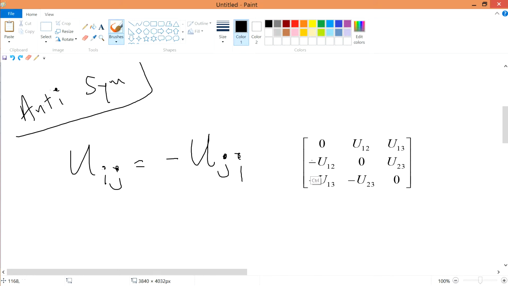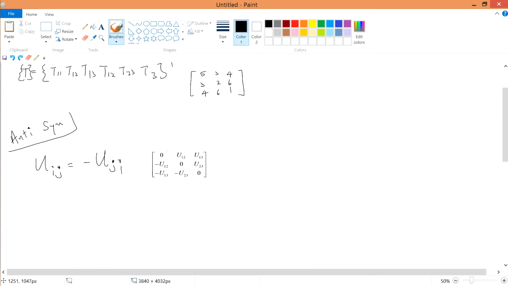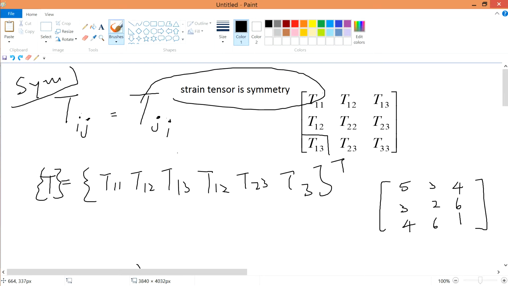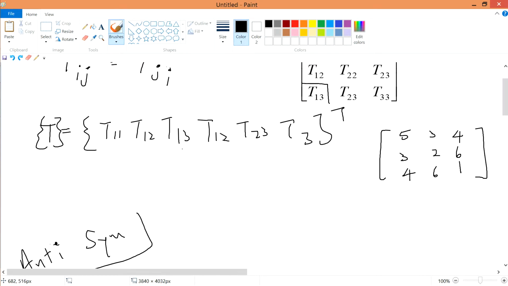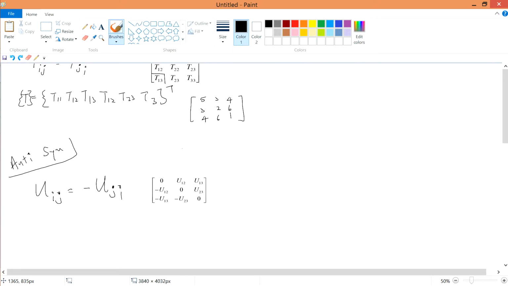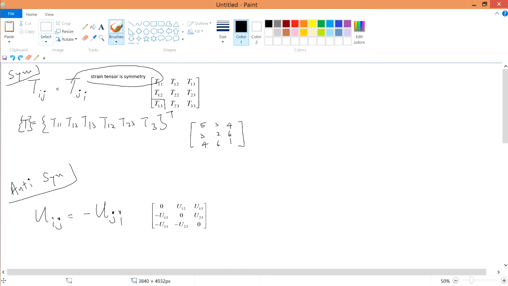That's all. So how are symmetry and anti-symmetry useful? In engineering coding, if you were to use software like SolidWorks or ANSYS and things like that, this representation is an easier way to represent things in software.